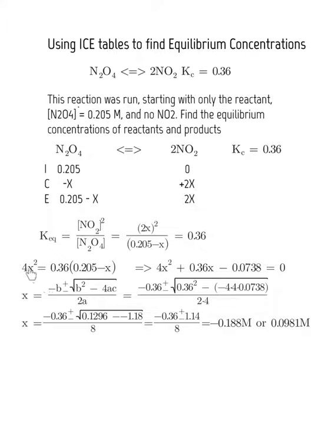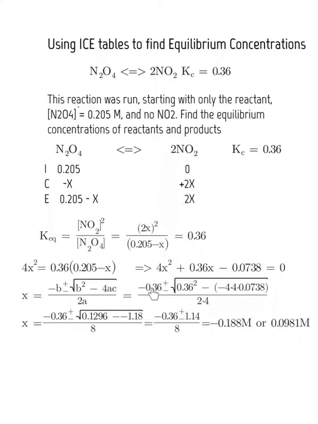And then we've taken both terms to the left. And so this is the new expression you'd get. Now, if you remember your quadratic formula, you can use it to solve this equation because this is a quadratic equation. And the formula is negative b plus or minus the square root of b squared minus 4ac all over 2a.